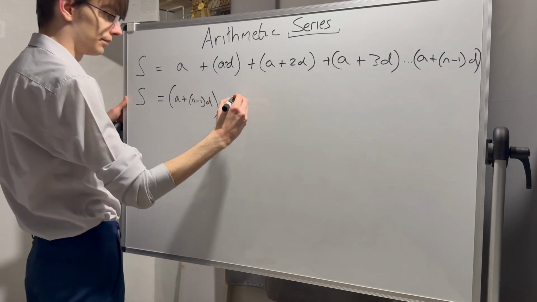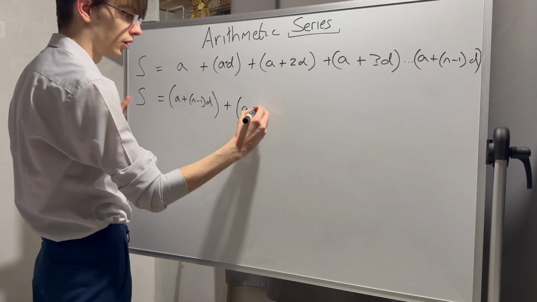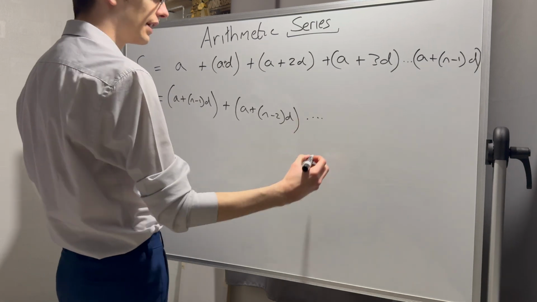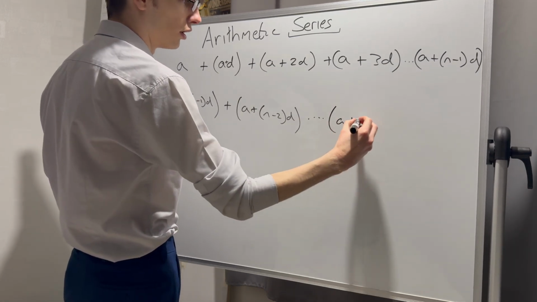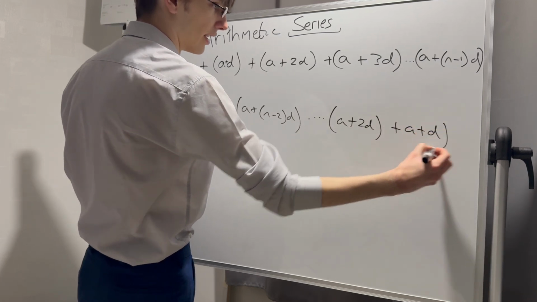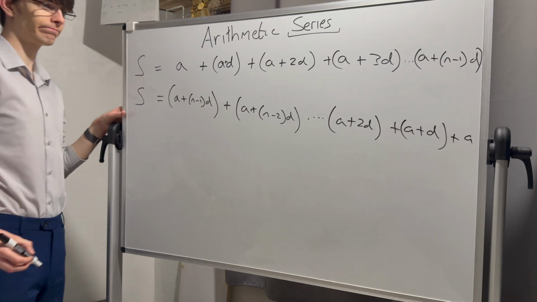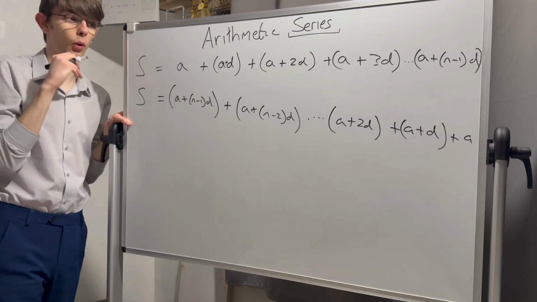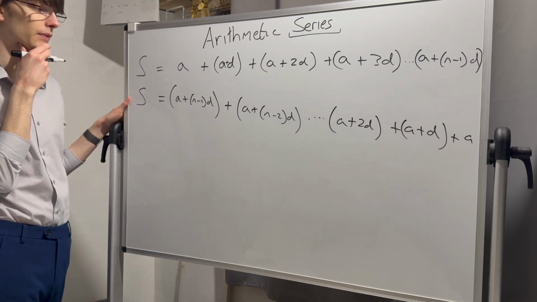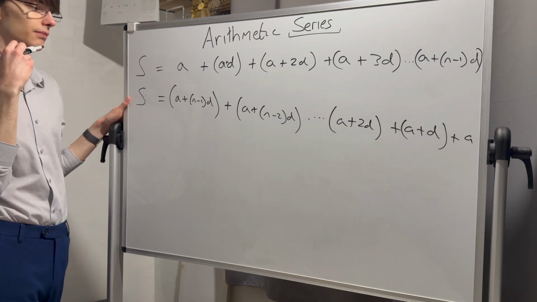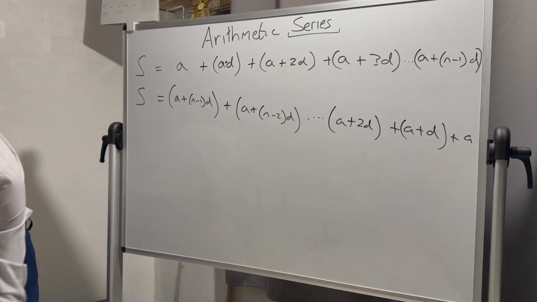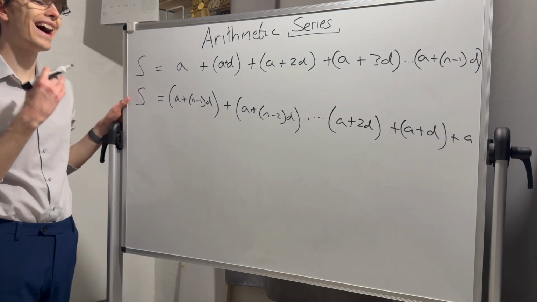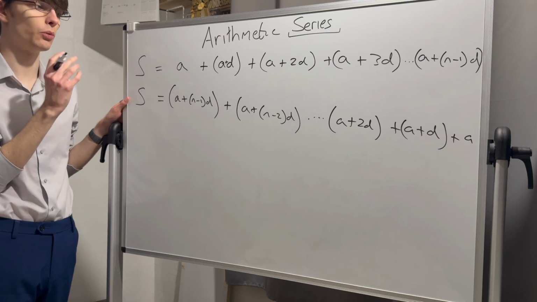I'm then going to add on to that the next term down, which would be A plus (N minus 2)D, all the way down until I get to these values again: A plus 2D plus A plus D plus A. And now what I'm going to do is add these equations together. And you'll see why in a second.